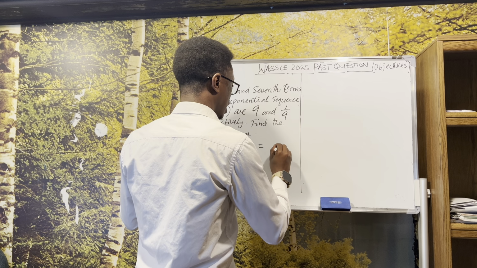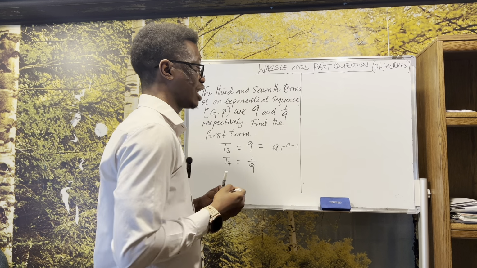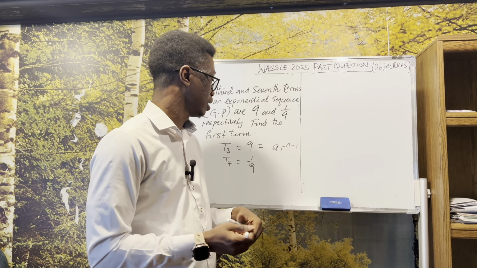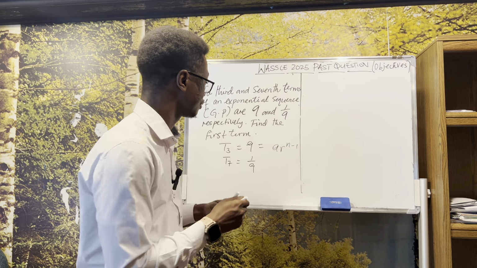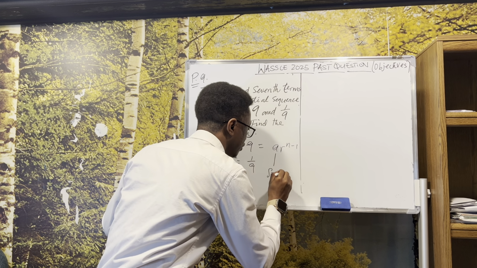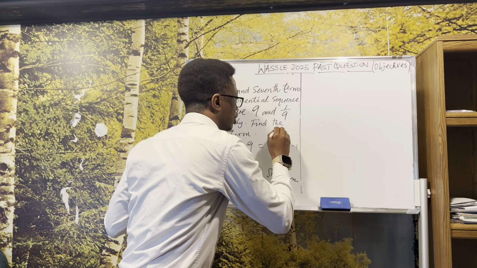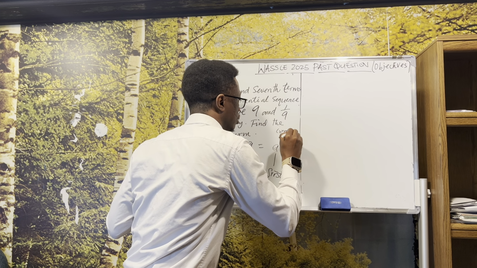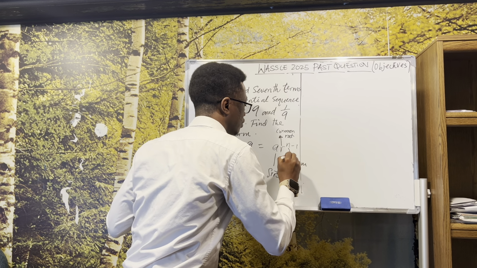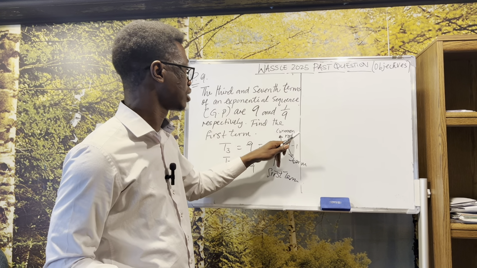So it is A R^(n-1). That is the general formula you need to remember, where A is the first term, always, R is the common ratio, and n is the term.